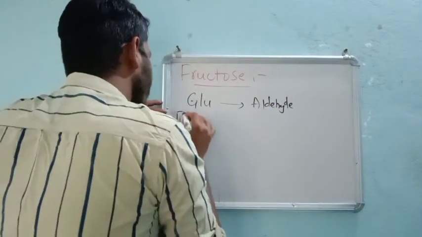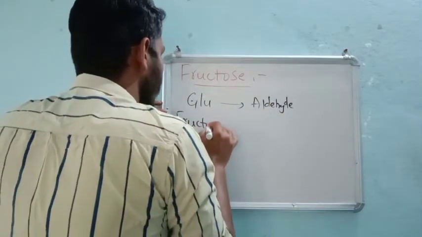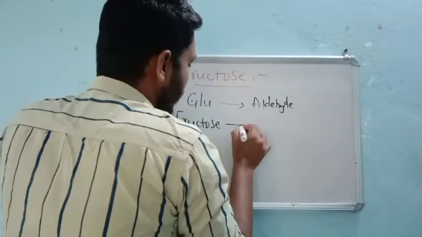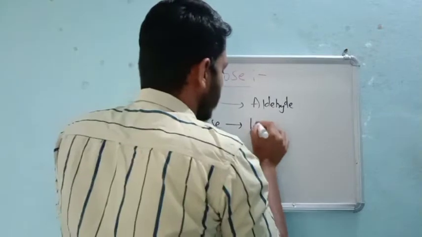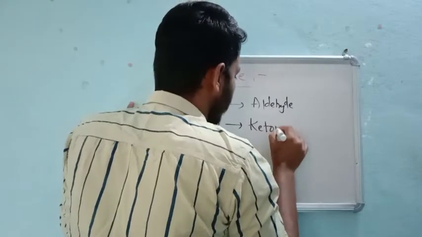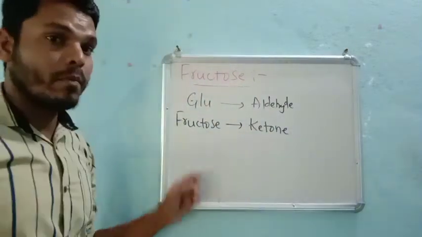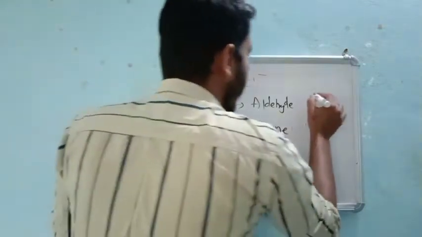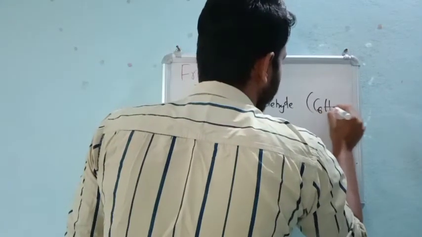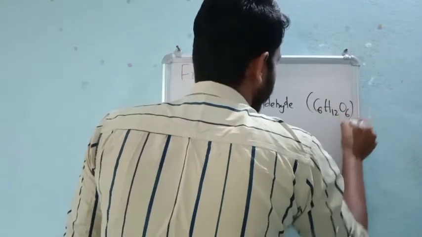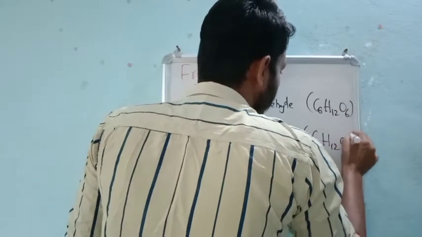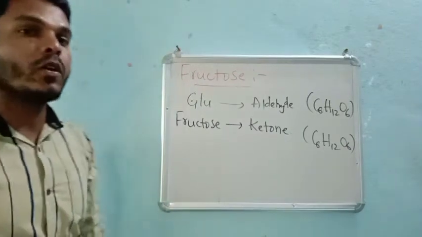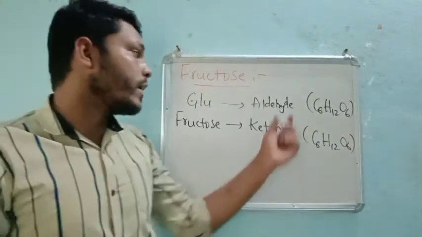But in fructose we have a ketone group as the functional group. This is the difference, but they have the same molecular formula, C6H12O6. Both of these have the same molecular formula, but they differ in their functional group.